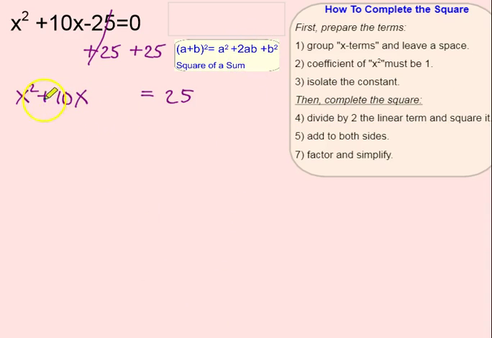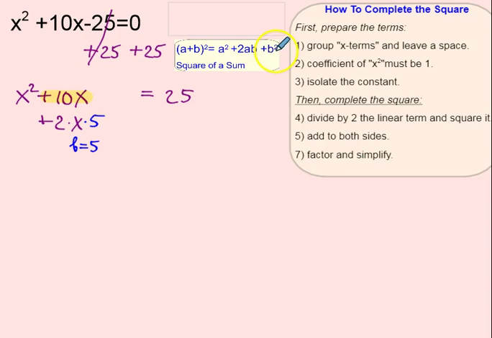So we are working with this term where x is to the first power, figuring out which number multiplied by positive 2 and x would give us positive 10 and x. Of course, that number is 5, which means that 5 is the value of our b.